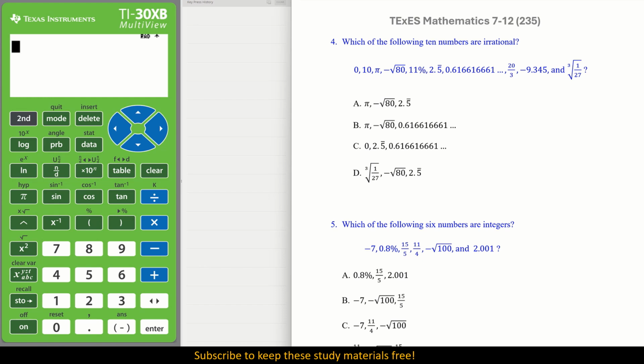Our calculator can help us evaluate that. Well, first we look at 0. Obviously, 0 stops because it just does. We could say the same about 10. We count from 0 to 10, it stops. It's not even a decimal. So, count that out. Now, pi is a different story.